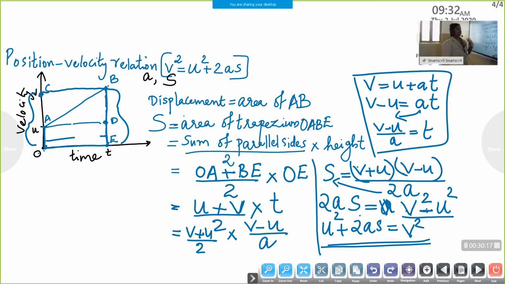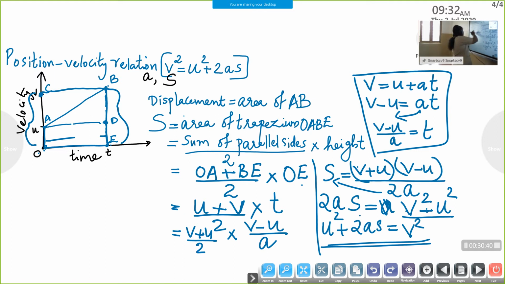So what have we done? We have taken the displacement as the area of the trapezium. The equation you should know is the sum of parallel sides. In this shape, the parallel sides are OA and BE. So I have taken the sum divided by 2 into height. Height means the distance between the parallel sides, that is OE.